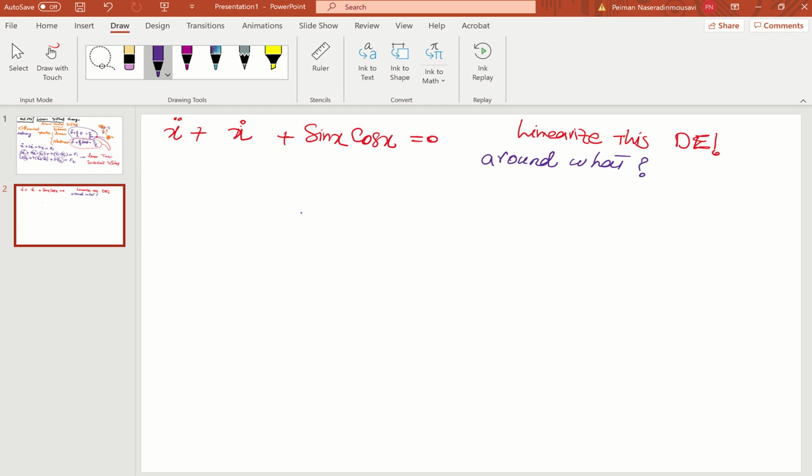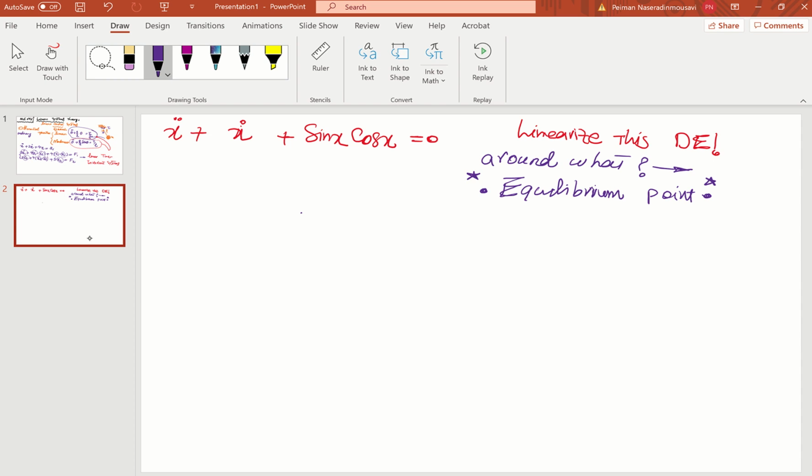Around what? My answer is going to be the equilibrium point. For those of you who don't know, or you forgot that, equilibrium point simply means a point that if you leave the system without applying any external force, it's going to remain there forever and going to be stable.